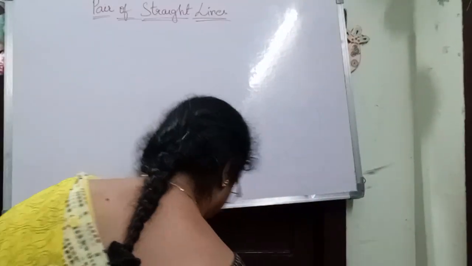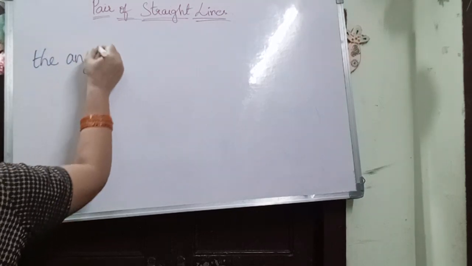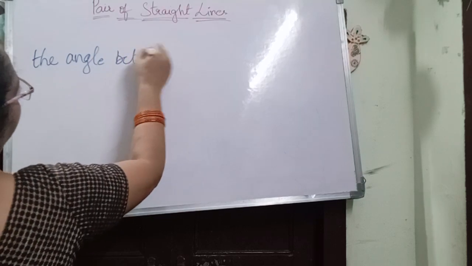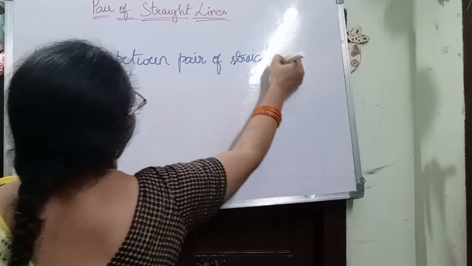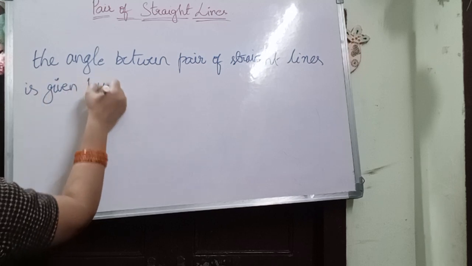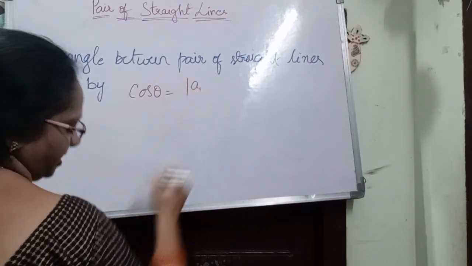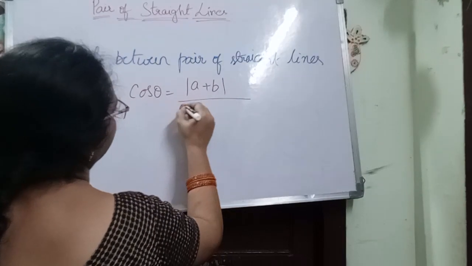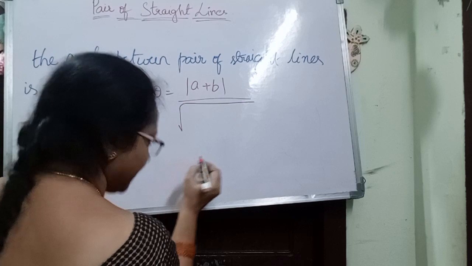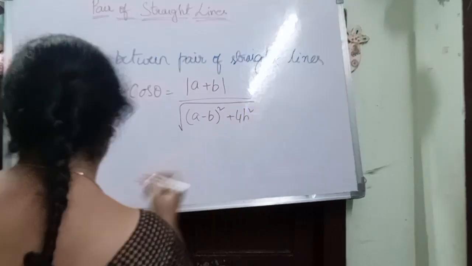The angle between the pair of straight lines is given by cos theta equals mod of a plus b by root of (a minus b) whole square plus 4h square.